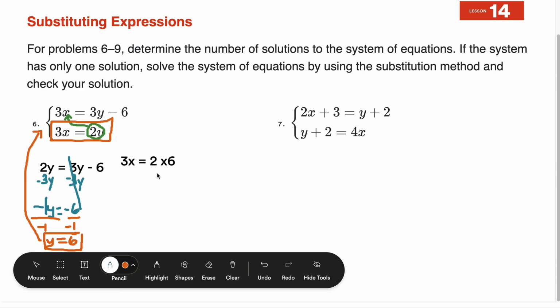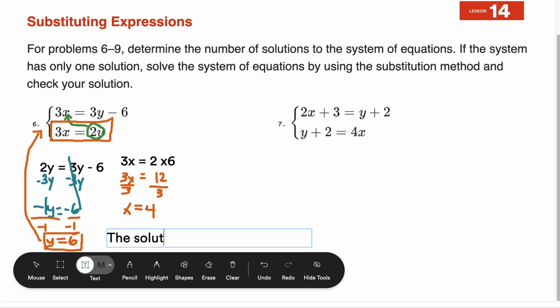So 2 times 6 is 12. 12 equals 3x. I want x alone. Divide by 3. Divide by 3. X equals 4.